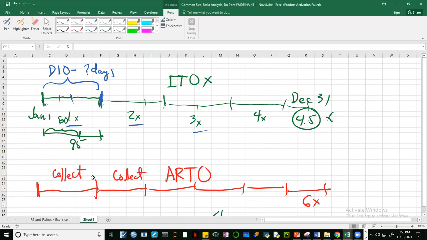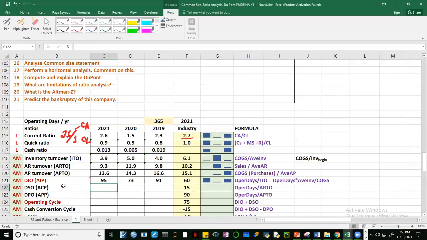Ano ibig sabihin na mas maliit, guys? Ibig sabihin nun, mas mabilis natin nako-kolekta yung sales. Okay, day sales outstanding is equal to operating days divided by ARTO. Enter. 39.